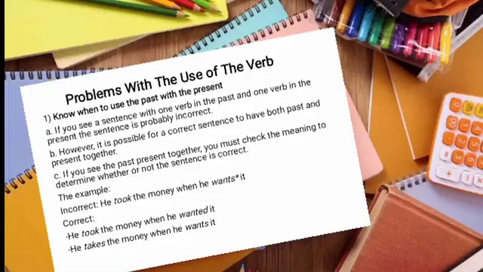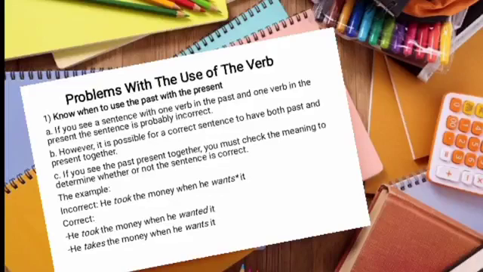For example, he took the money when he wants it. The first verb is took and the second verb is wants. The first verb is using verb 2 and the second verb is using verb 1, the present.